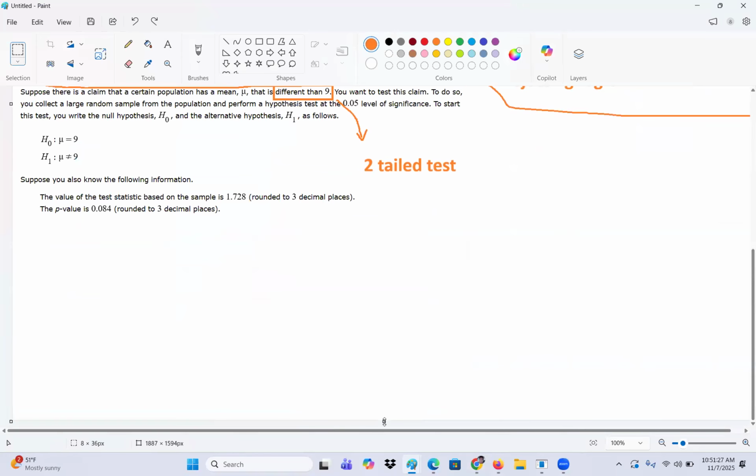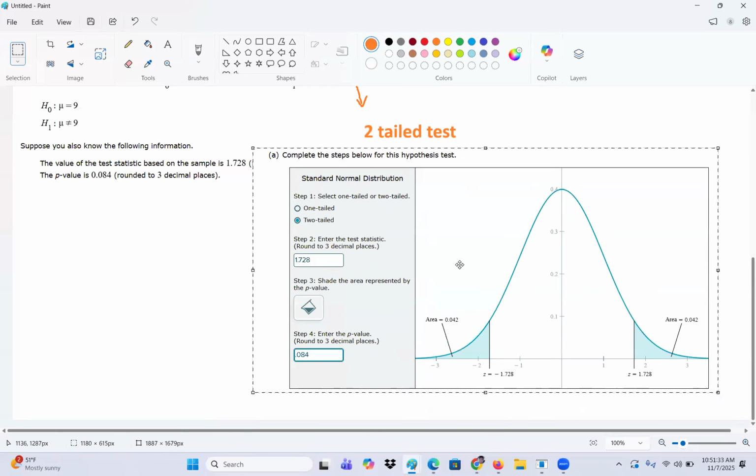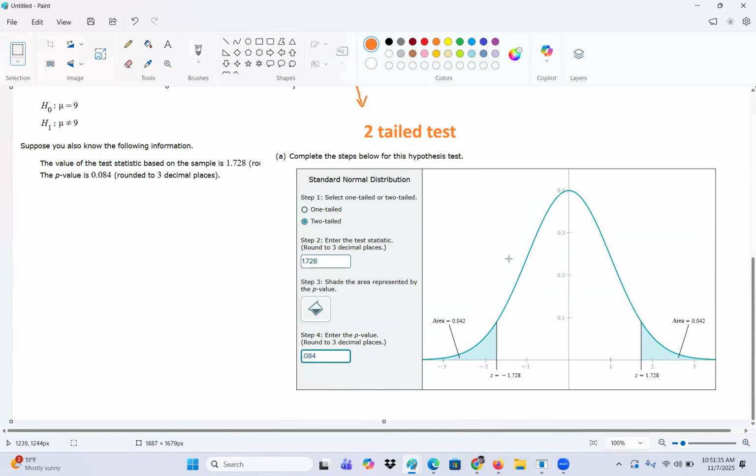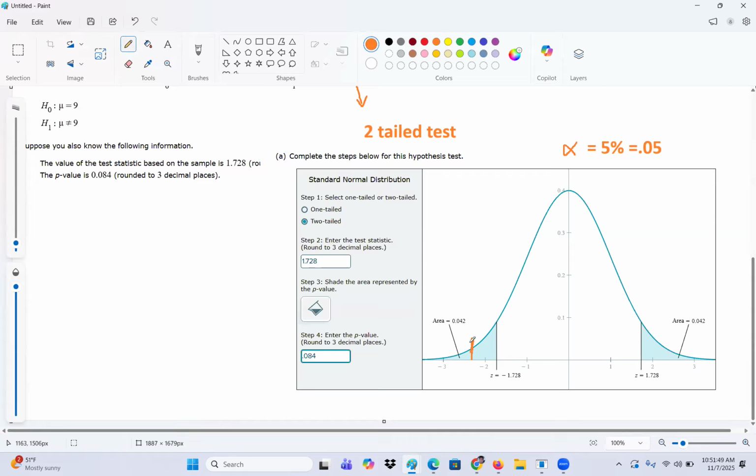Hold on a second. All right, so I just covered some part of it. Doesn't matter. So we're going to take the alpha equal to 5%, 0.05. So 5% should be something like that, right? The testing region will be that one. Okay, so the alpha is 5%.